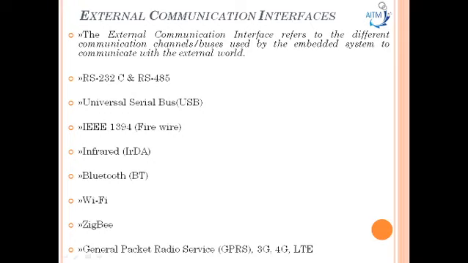These act as communication channels or buses used by the embedded system to communicate with the external world. RS-232 and USB act as buses, and Bluetooth, infrared, Wi-Fi, Zigbee, GPRS act as channels used by the embedded system to communicate with the external world.